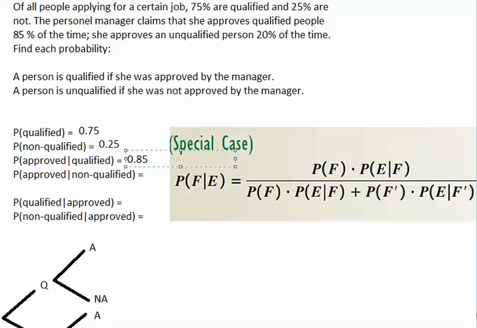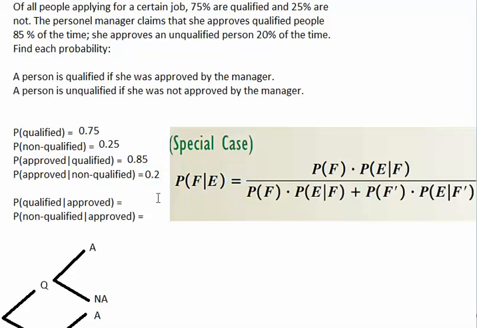So it is the conditional probability of the event approved given the event qualified. We also know that the probability of being approved given that the person is non-qualified is 0.2, so 20%.